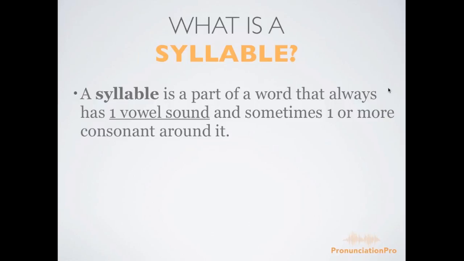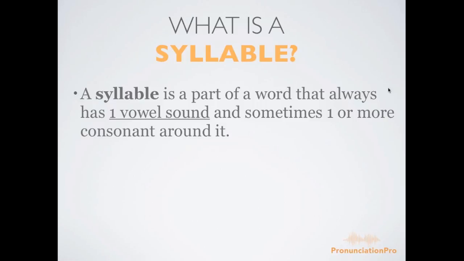It's the way we segment words. And every word in English has one or more syllables. And a syllable is made up of one vowel sound. Now, it's not one vowel letter, it's one vowel sound, and that's important because for instance, the word seat, have a seat, or I'm sitting on a seat.